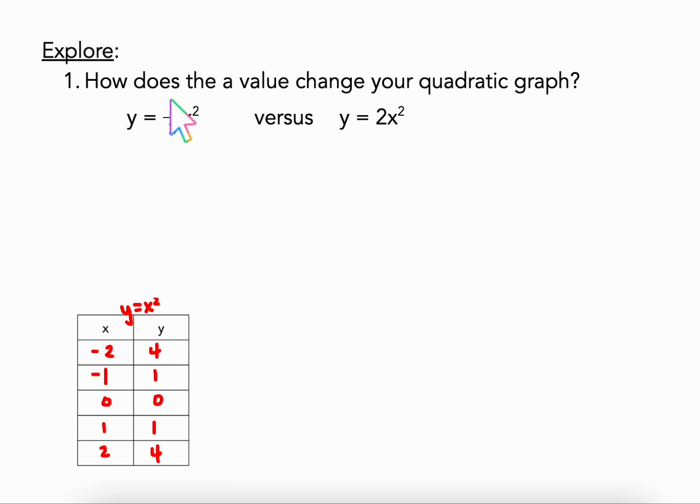One is a number that is less than 1, and another is a number that's greater than 1. So first, make a prediction in your head. How do you think that's going to change your quadratic graph? We already know it's going to be a curve, right? A parabola. But how do you think changing your a value like that, using a fraction versus a number greater than 1, is going to further change your quadratic graph?